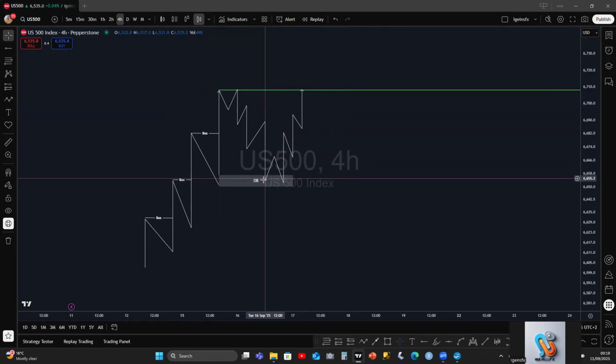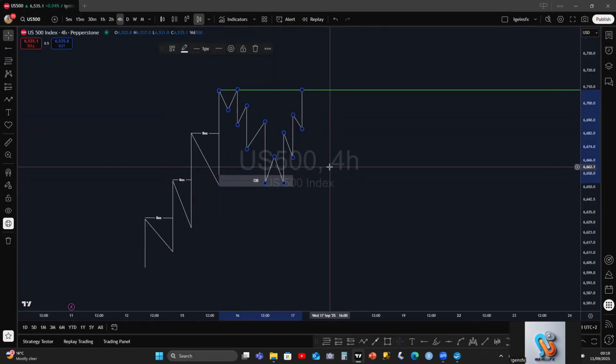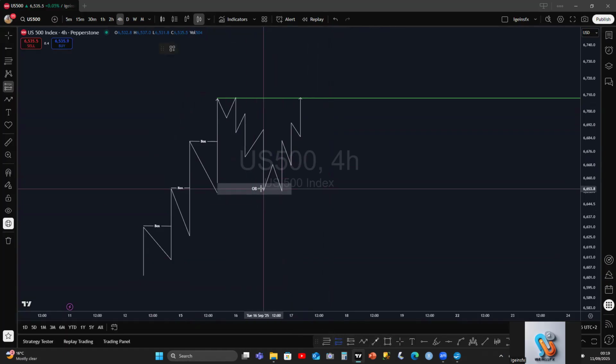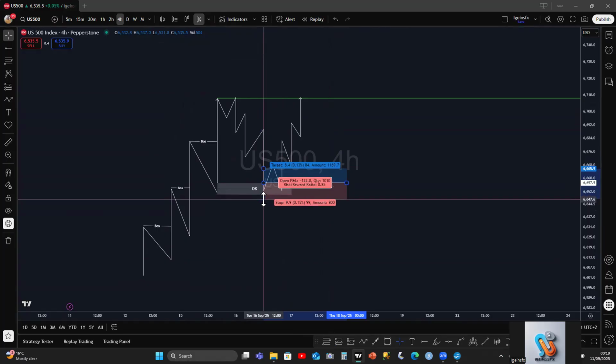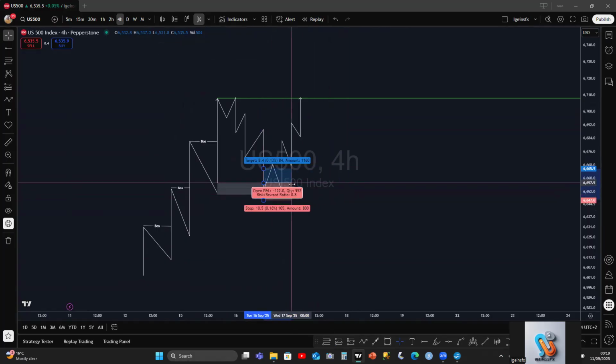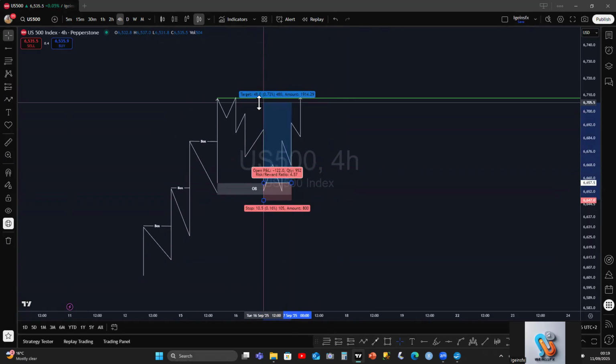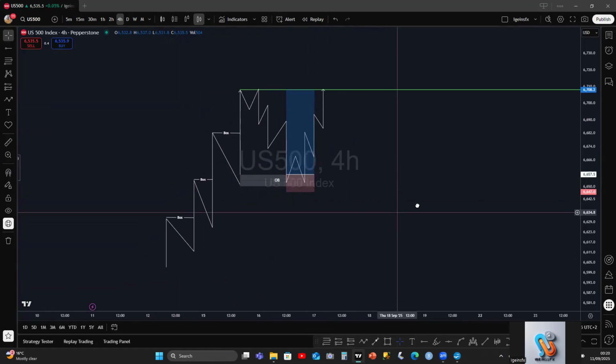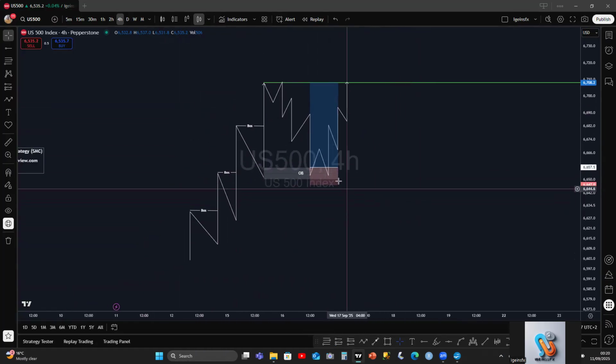So basically, this is what SMC is all about. Now, this is where we enter. You can play the open or you play the midpoint, and you target this point of reversal. This is the SMC strategy. This is just it.